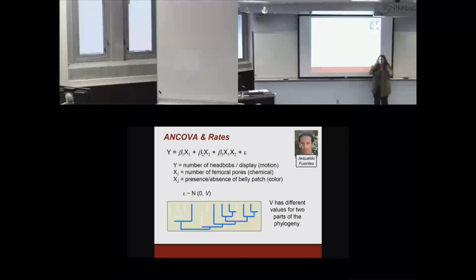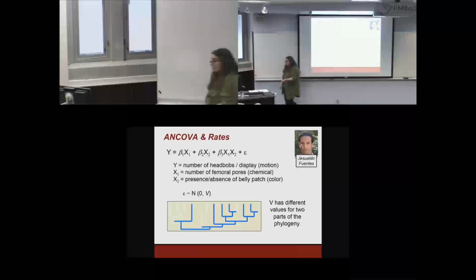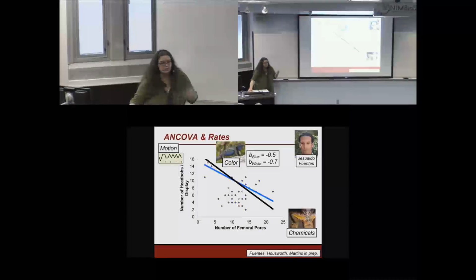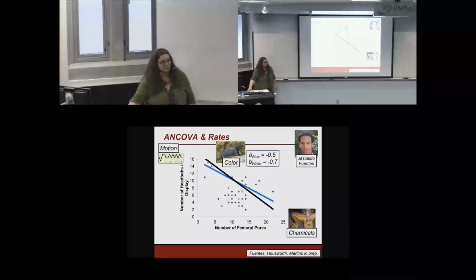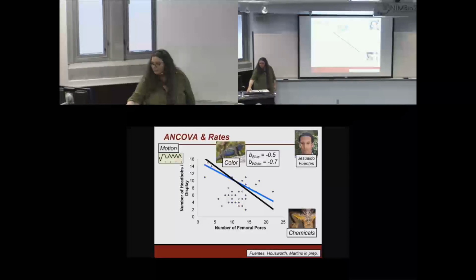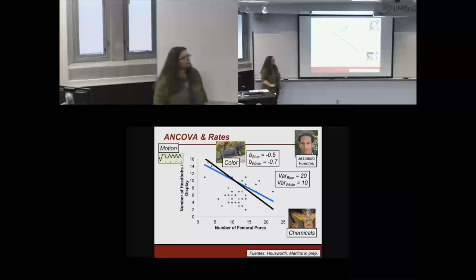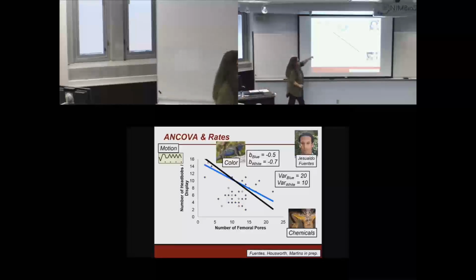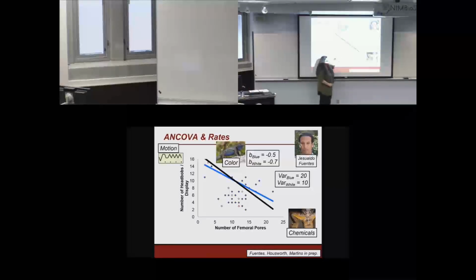The V matrix is where the phylogeny is, and we split up the phylogeny into areas where they have blue belly patches and areas where they have white belly patches, and estimated two different rate parameters at the same time. You could have done this with a likelihood framework too, but I tend to think in terms of GLS. It was straightforward here. What happens when you do that is you find that the variability in the white species has also decreased.